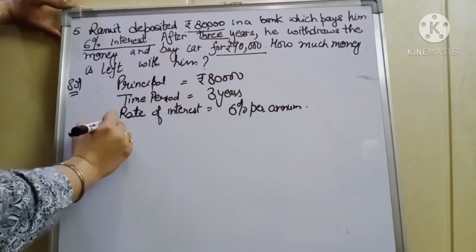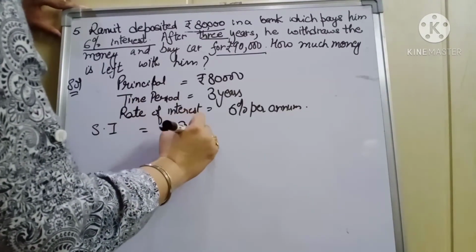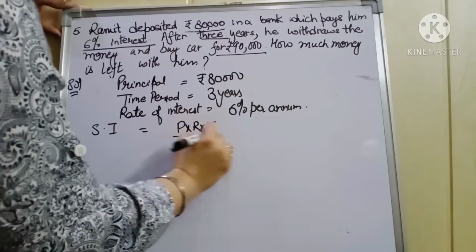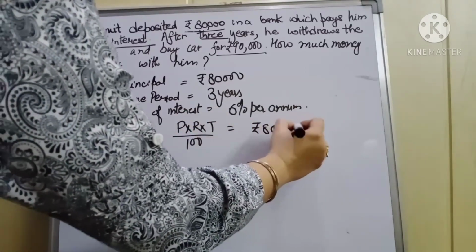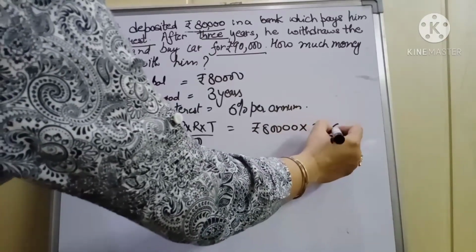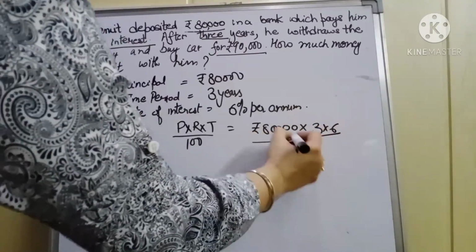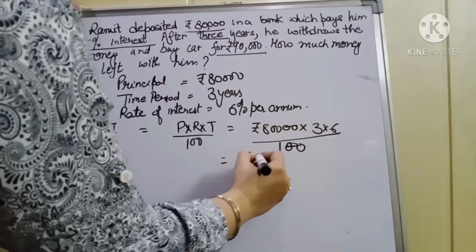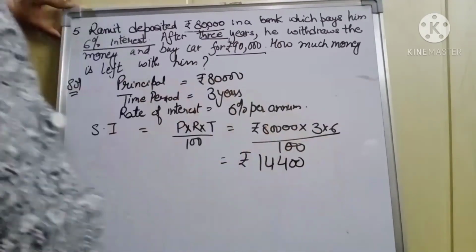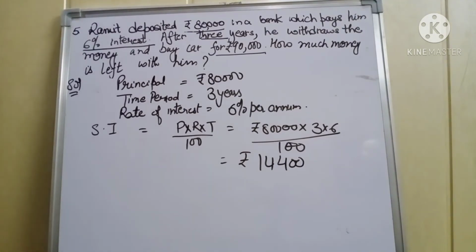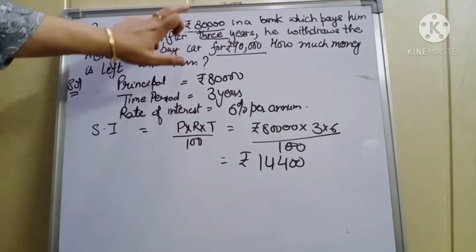Now, we are going to calculate simple interest. Simple interest is P into R into T by 100. That means rupees 80,000 multiply 3 multiply 6 upon 100. Zeros cancel. When we multiply, we get 14,400. This is the simple interest which Ramit is going to get after 3 years.